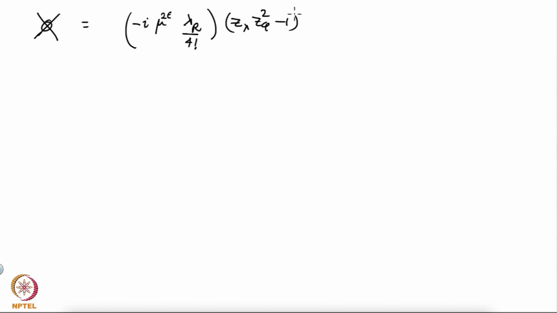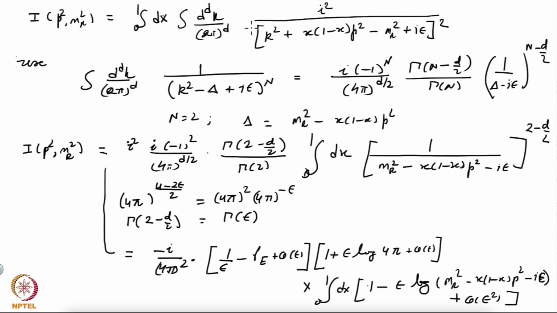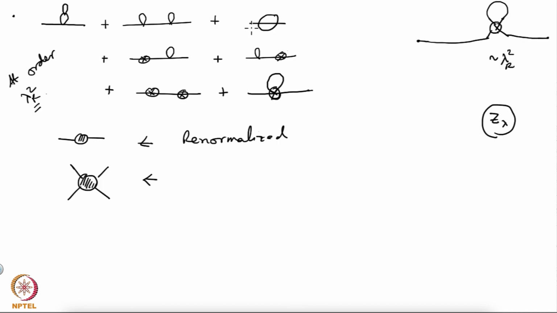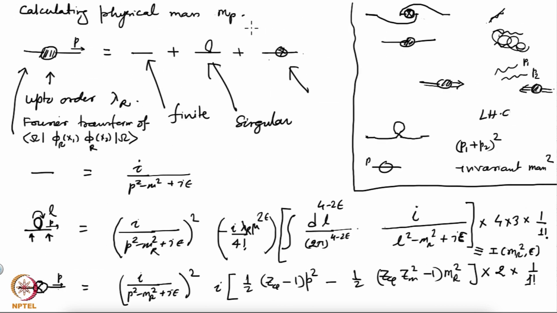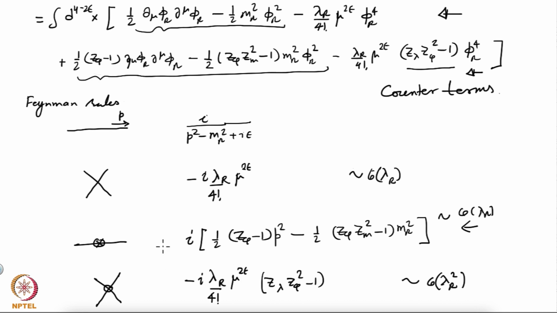Okay, you have a z phi square because you have 4 lines coming out, because it's a vertex of 4 fields. Okay, that is the vertex that we had earlier. Let me show you. Here, you see, minus i lambda r over 4 factorial mu to the 2 epsilon and this piece. Okay, and remember this is lambda r square vertex.